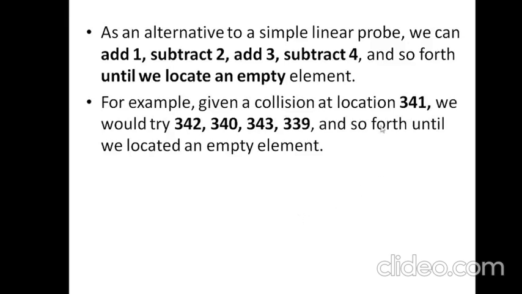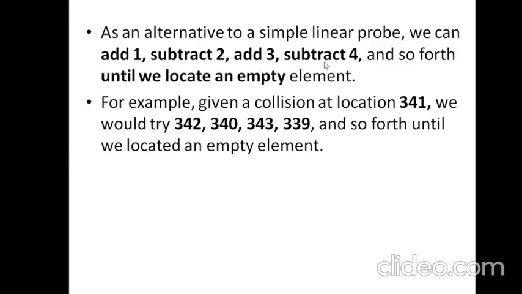So given a collision at 341, we will first try 342, which is add 1. If that fails, then we calculate 340, that is add 1, subtract 2: 342 minus 2 is 340. If that also is already occupied, then try add 3, so 343.